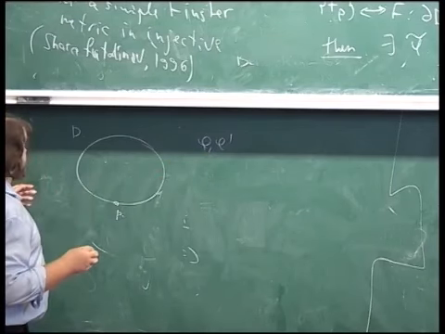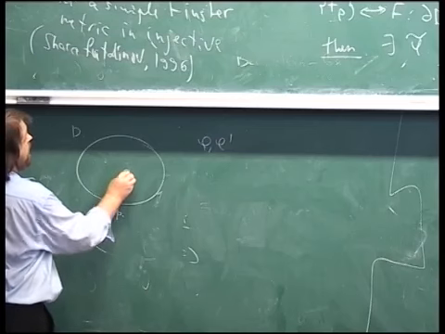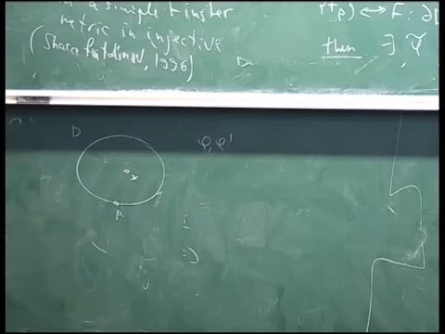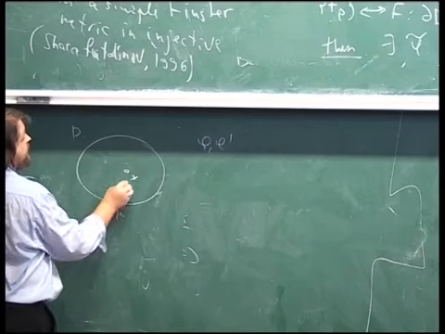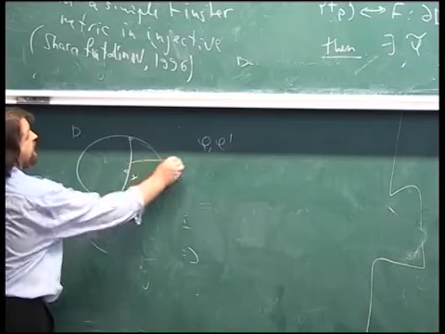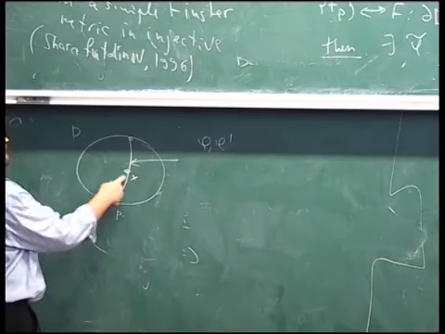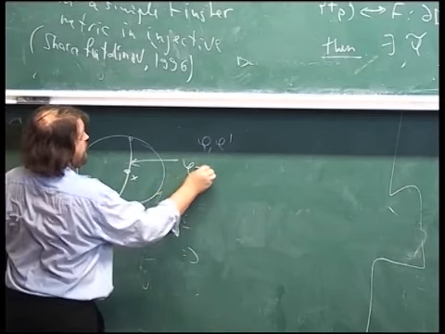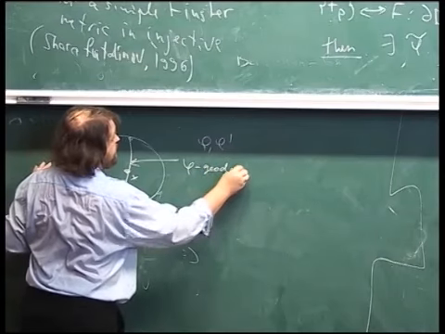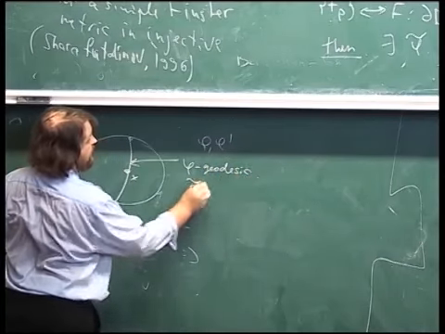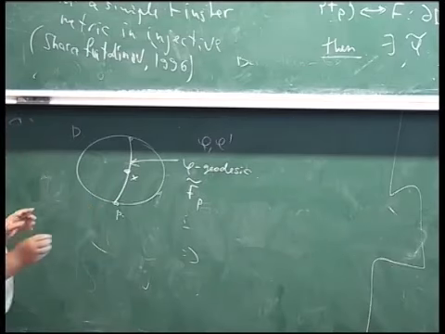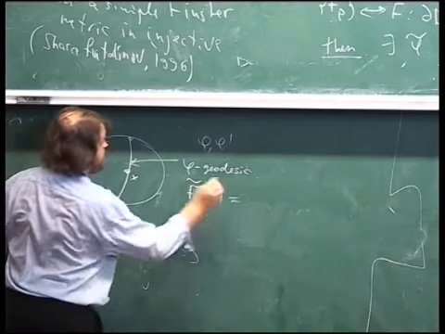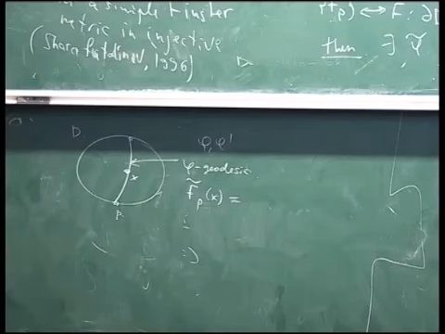So fix x inside, and consider the phi geodesic from p through x up to the boundary. This is the phi geodesic, and we define p twiddle of x by some explicit formula.